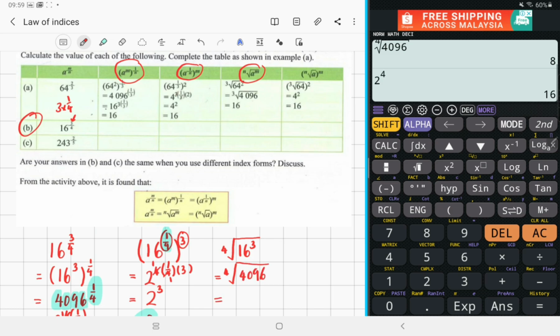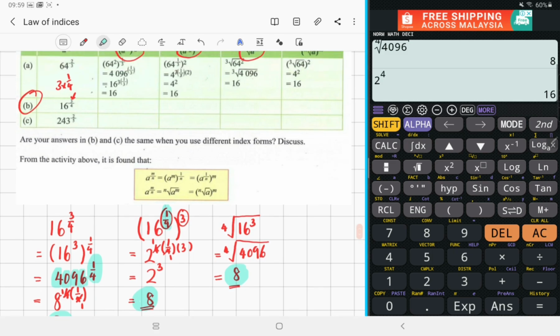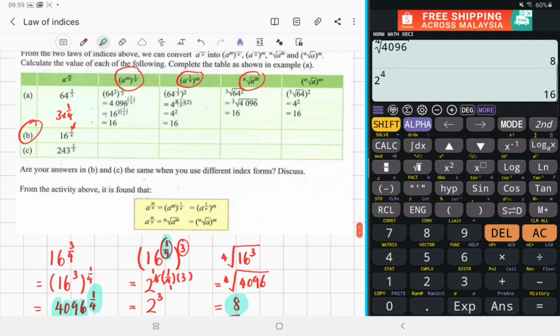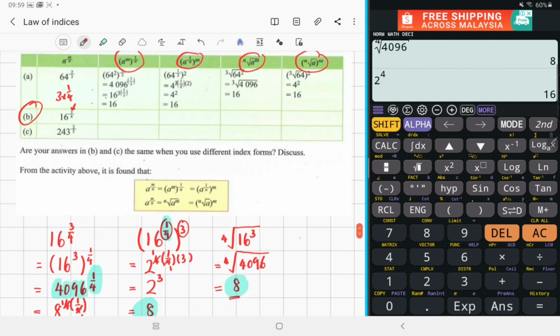So the fourth root of 4096 is 8. We still get the same answer, 8.